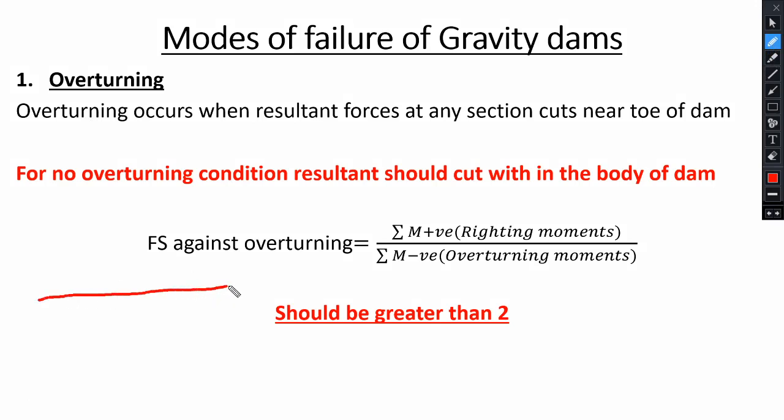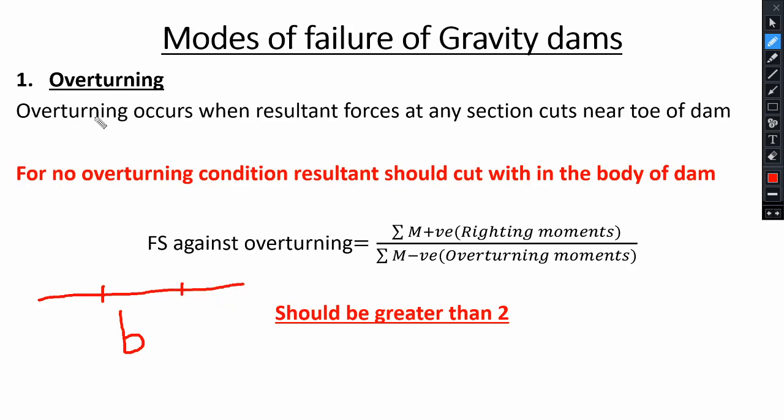See, this is the total base width of a dam, and we are dividing the entire base width of the dam into B by 3, B by 3 and last B by 3. This is your first B by 3, this is your second B by 3, that means middle third of the base, and this is your last third of the base.